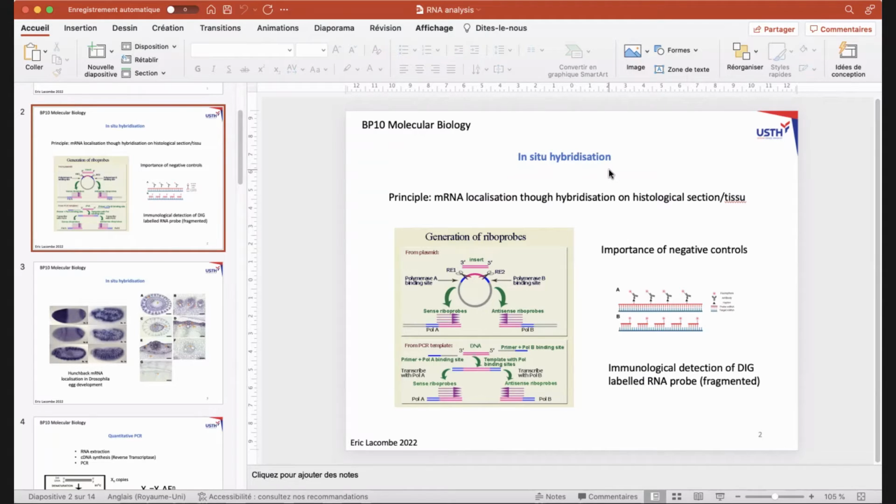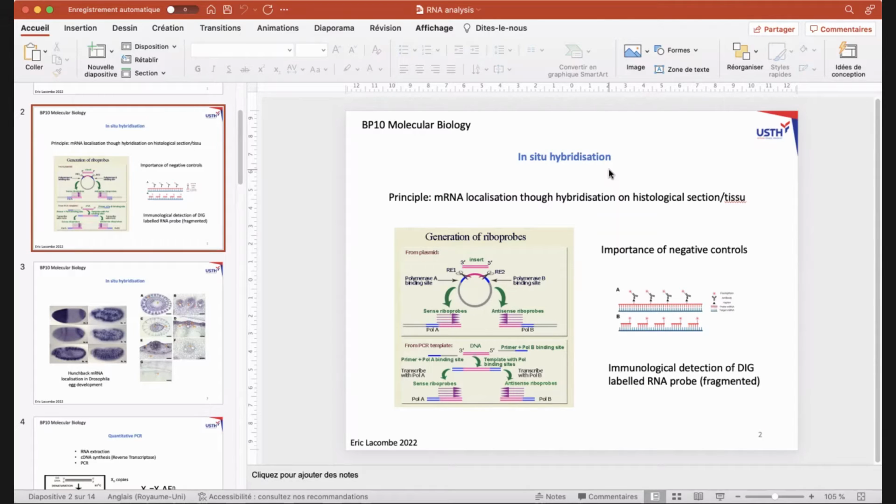The idea is you take a section of a tissue and you hybridize with the complementary probe of the mRNA target. You are supposed to target only the specific mRNA. Conceptually it's okay, but in practice you have a lot of background noise.